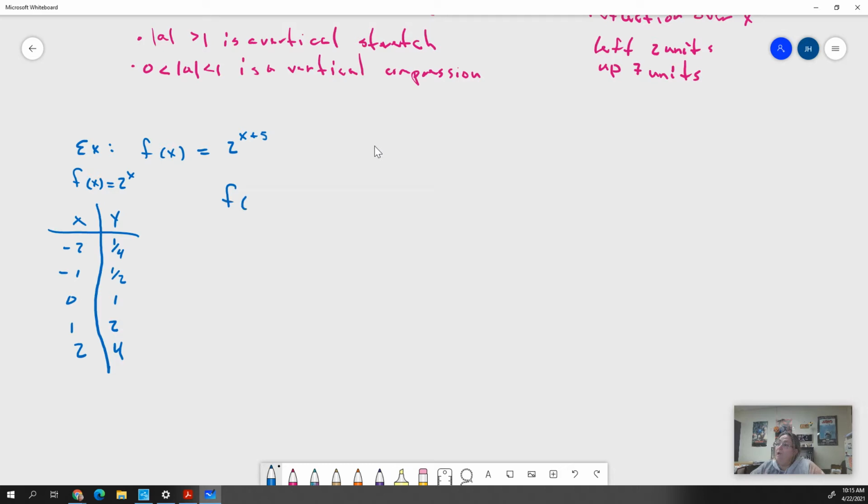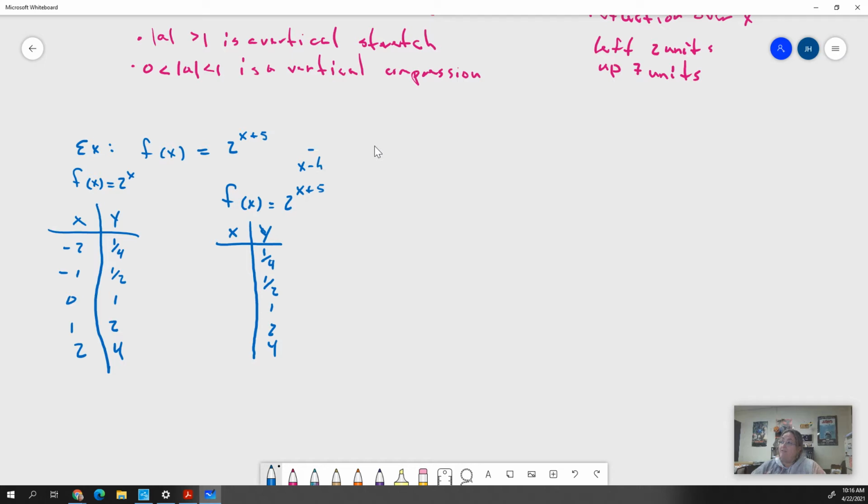If I do f of x equals 2 to the x plus 5, what that is going to do is take every single one of my x values. All my y's will stay the same: 1/4, 1/2, 1, 2, 4. That's not going to change. But for every one of these x values, remember I said that the parent function was x minus h.